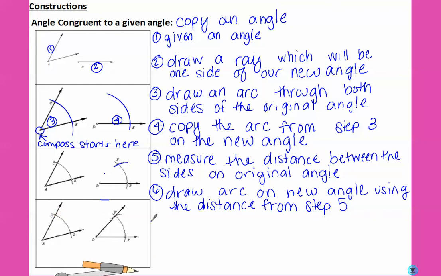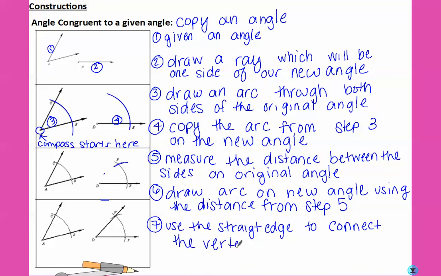And then finally, I'm going to use the straight edge to connect the vertex of the angle and the intersections of the arcs.